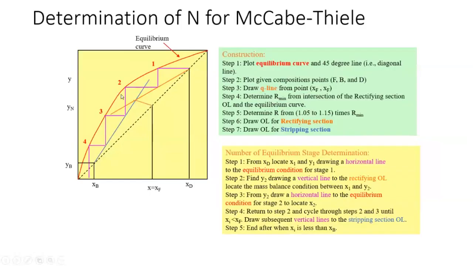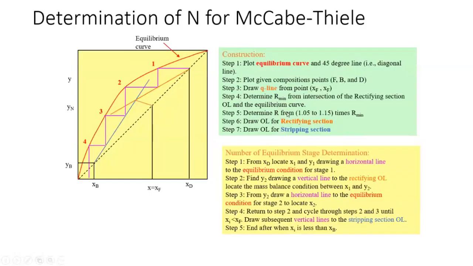That point we should determine, and we need to draw another line starting from the XD point up to that point. From the slope or intercept of that operating line, we can determine R minimum.